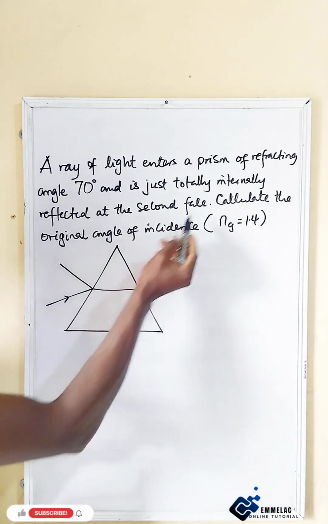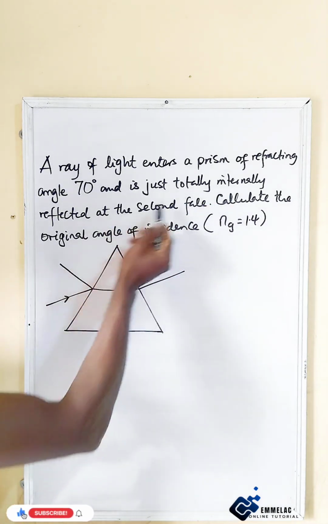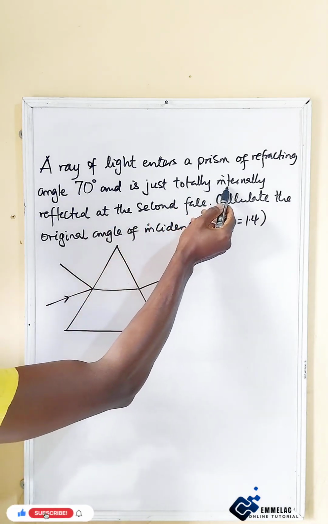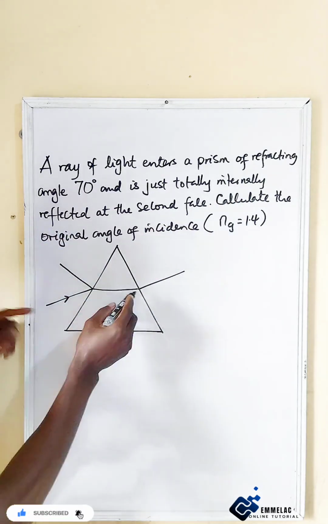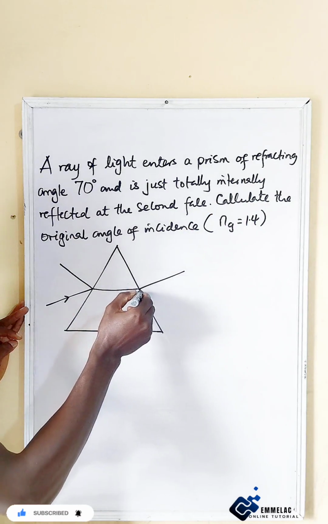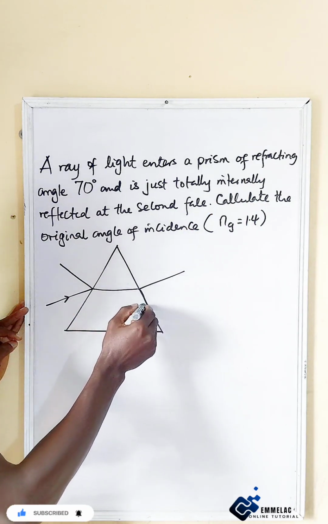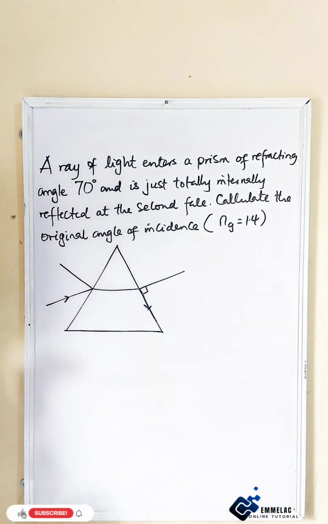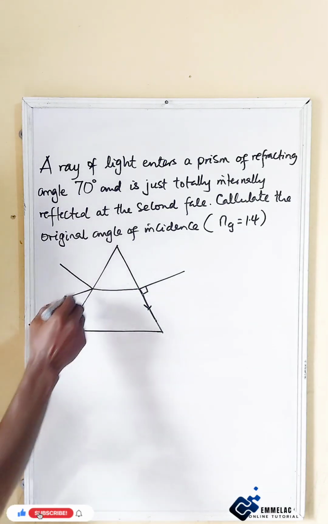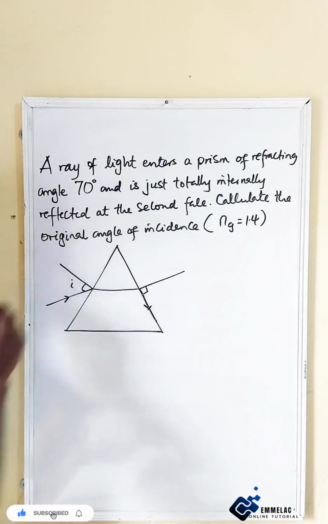Since it is totally internally reflected, the emergent ray passes this way, making the angle 90 degrees.